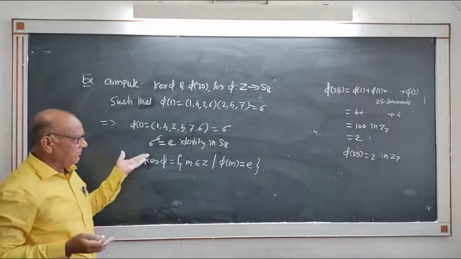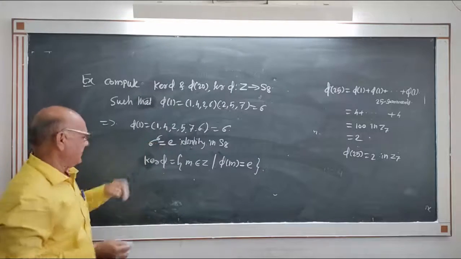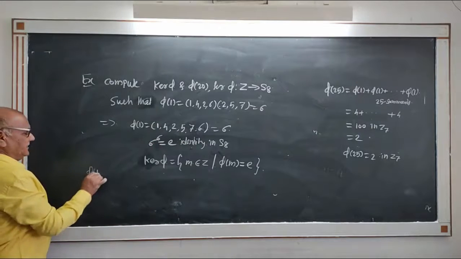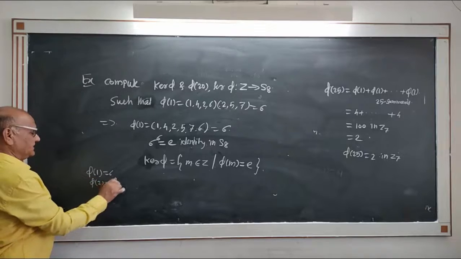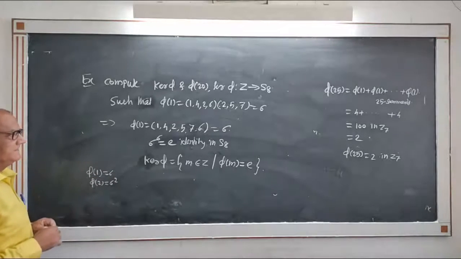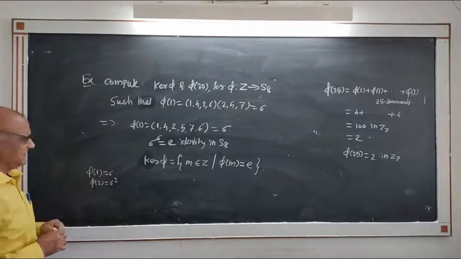If you take phi of 1, then we get sigma. Phi of 2 is sigma into sigma, sigma square.